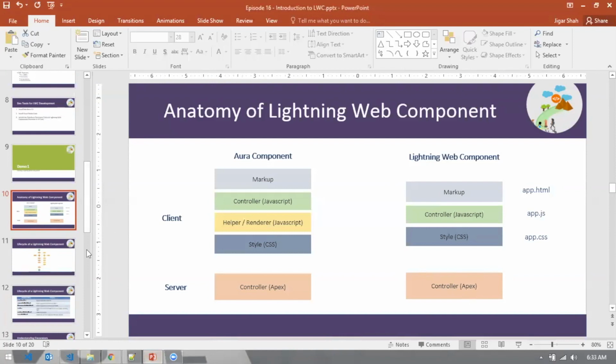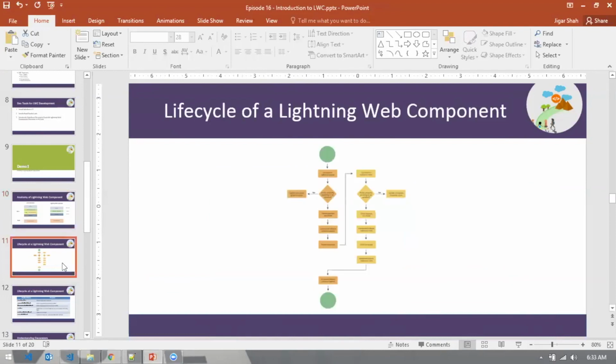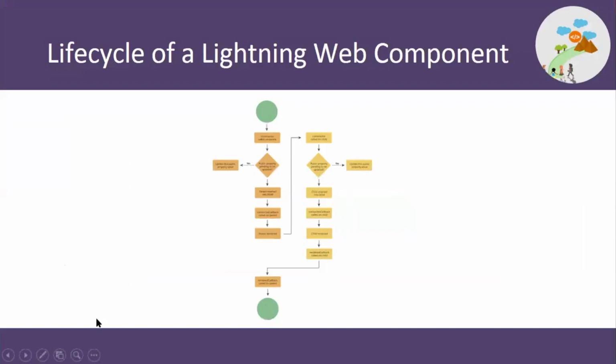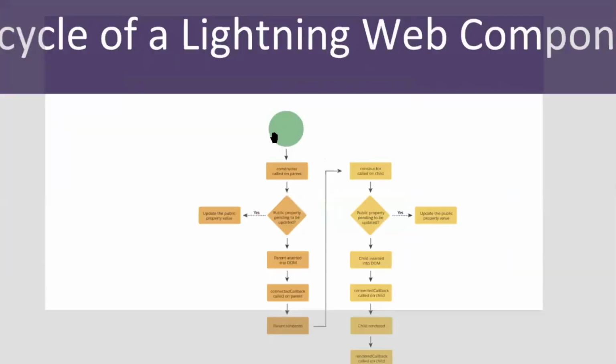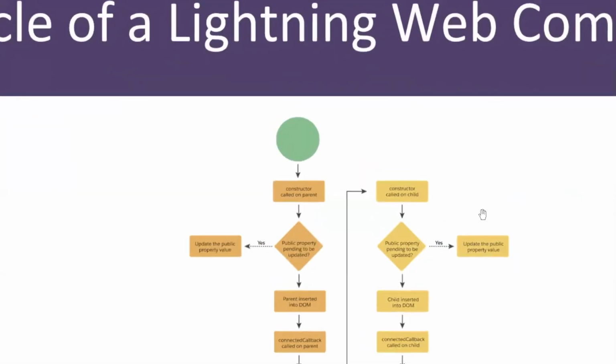But before we jump into coding and try to write some code around Lightning Web Components, we also need to understand the life cycle of a Lightning Web Component. So what I'm going to do is just zoom in. Hopefully that will make things clearer, right?